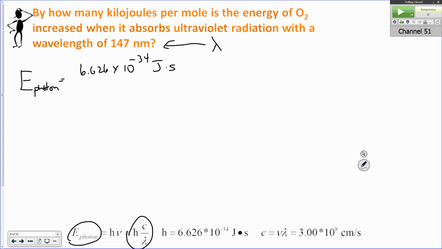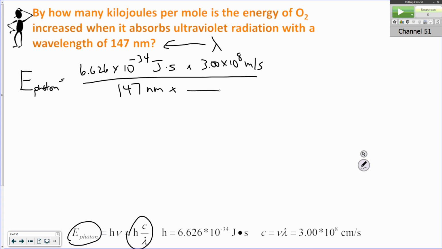Speed of light, 3.00 times 10 to the 8th meters per second. And then finally my wavelength, which is 147 nanometers. And I'm going to convert from nanometers into meters so that I can get my units to cancel out.